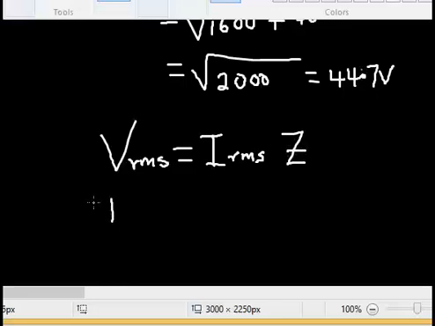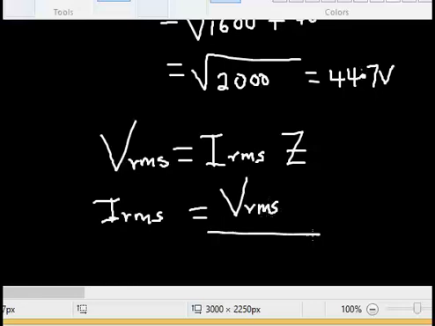So that means for me to get IRMS now, it's going to be equal to VRMS, right, then divided by the impedance. Already we've gotten VRMS, which of course is 44.7, all right? Then I have to divide it by the impedance.